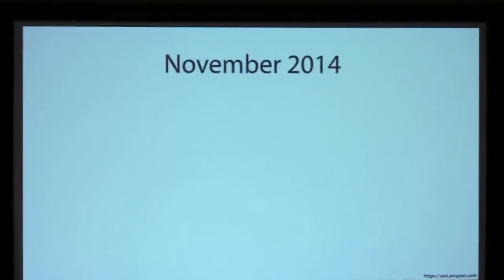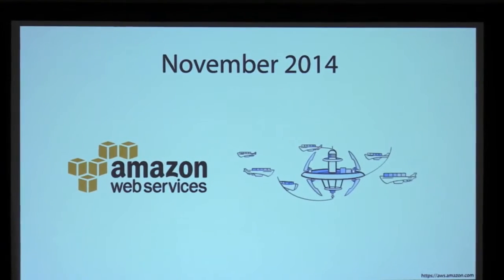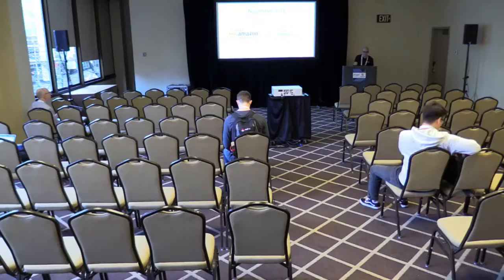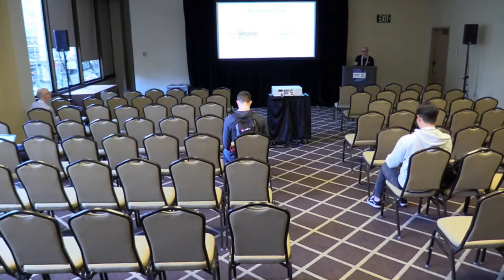The next thing I want to talk about is November 2014. What happened then? Well, Amazon gets some skin in the game. They launched Amazon ECS, their EC2 container service, which, even at the time, was a really great step up.